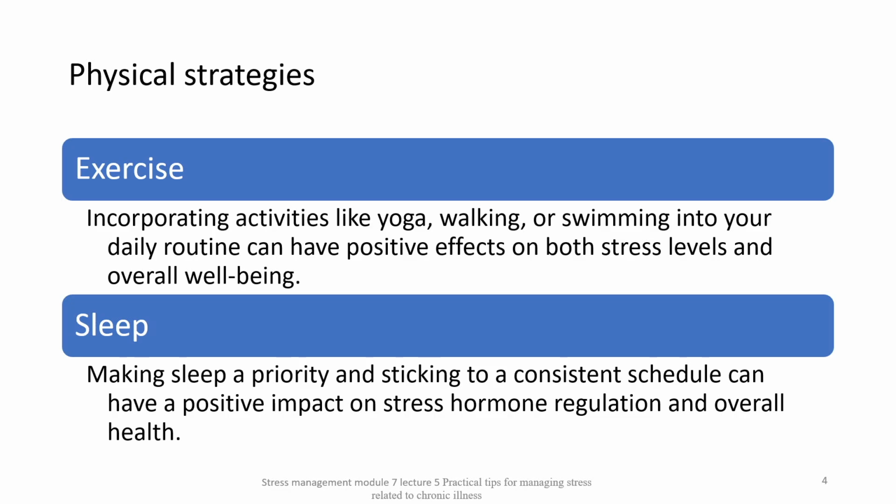Routine should be regular means one should try to fix a time of falling asleep and getting awake in the morning as far as possible. Of course, some deviations will be there according to the environmental demands, but as far as possible one should try to regularize the sleep pattern and also keep the duration between 7 to 8 hours.